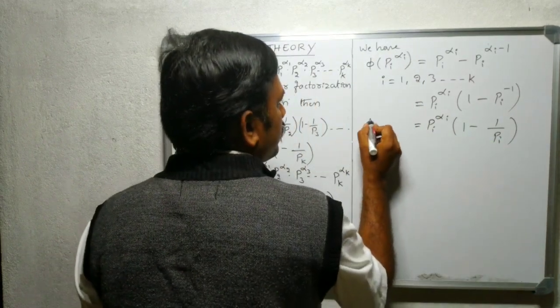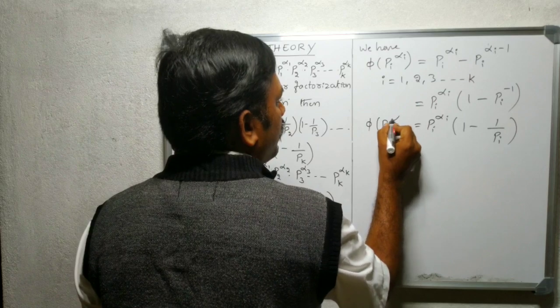This is phi of pi to the power of alpha i.